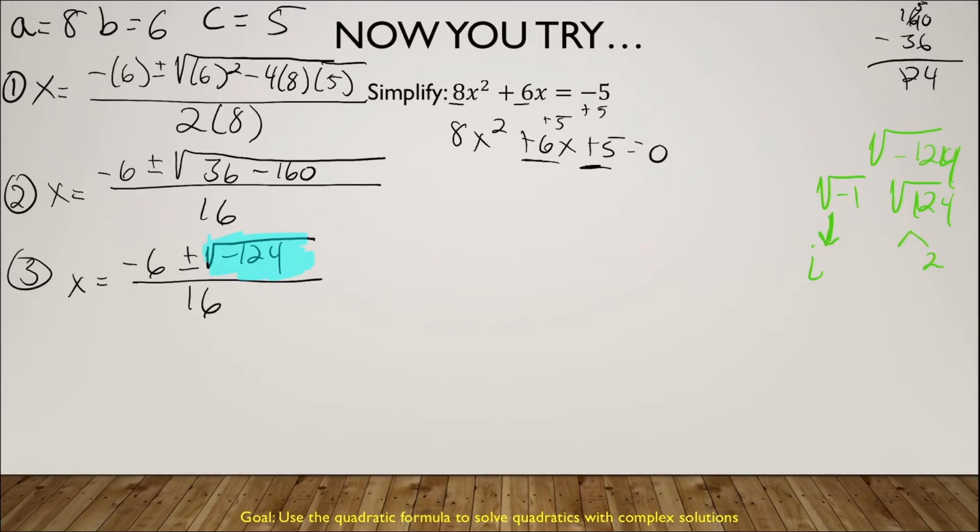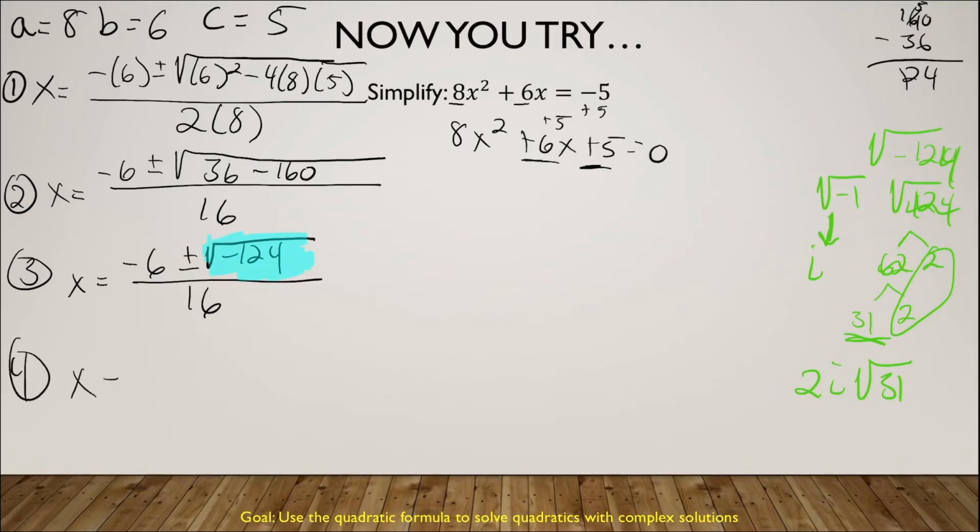So I'm going to get 2 and 62. I'm going to get 2 and 31. That's probably as low as I'm going to get. So now I know this is equal to 2i square root 31.